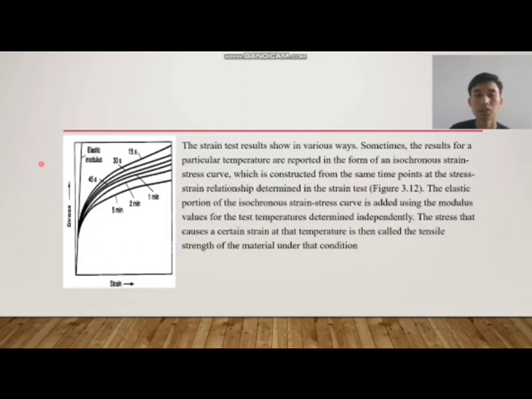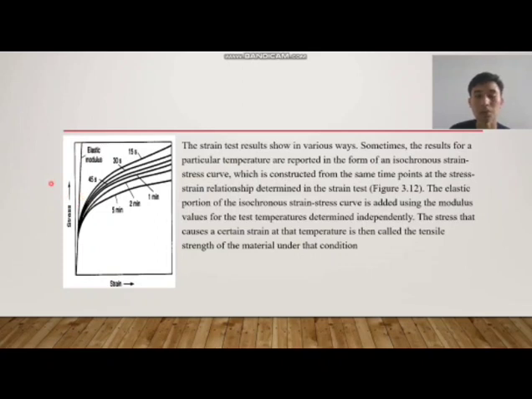Next, the creep test results are shown in various ways. Sometimes the results for a particular temperature are reported in the form of an isochronous stress-strain curve, which is constructed from the same time point at the stress-strain relationship determined in the creep test, figure 3.12.